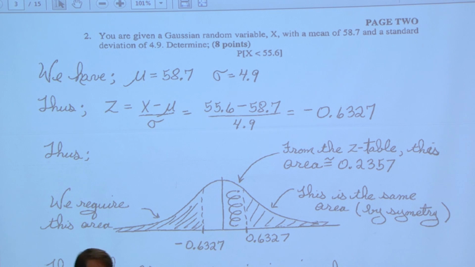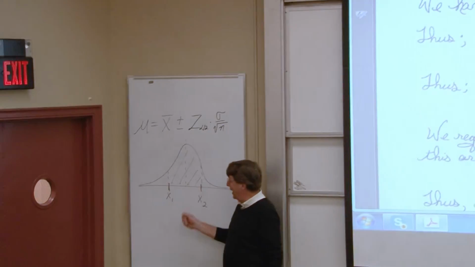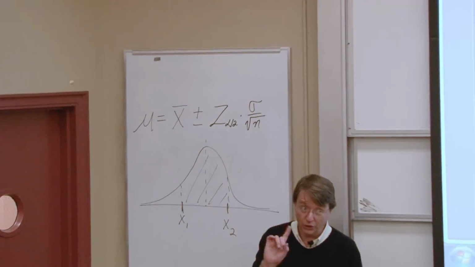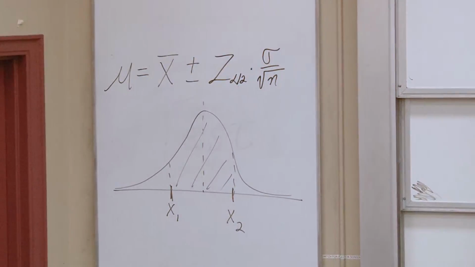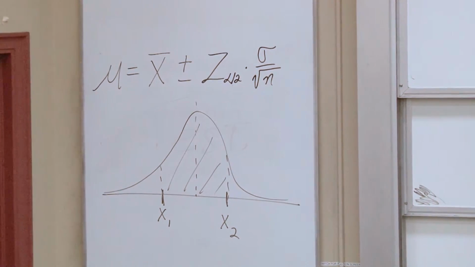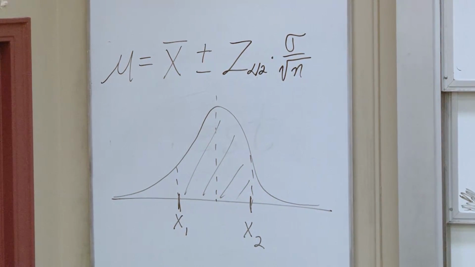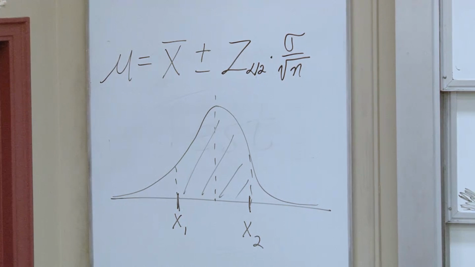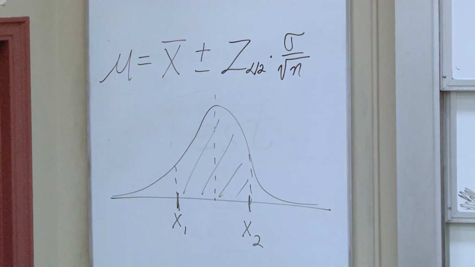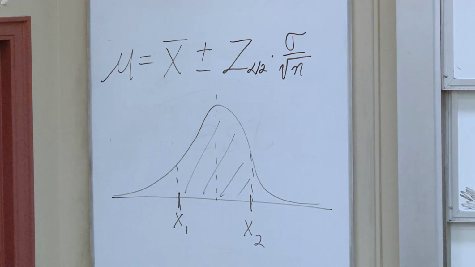Now, here's the only trick, and you only have to know this and you're home free. The people who worked on this integration did it numerically, and they said, look, I'm only going to do this once. I'm not going to do it for every possible combination of different Gaussian random variables. So I'm only going to do it for a mean of 0 and a standard deviation of 1.